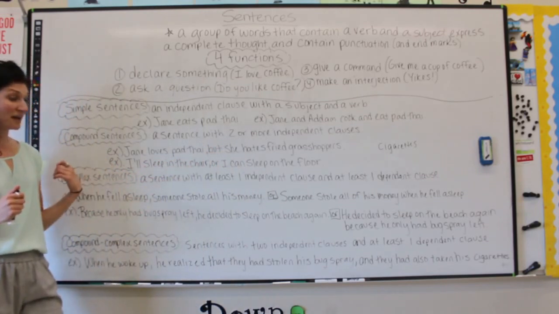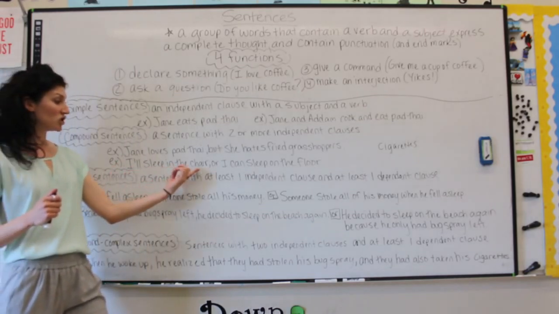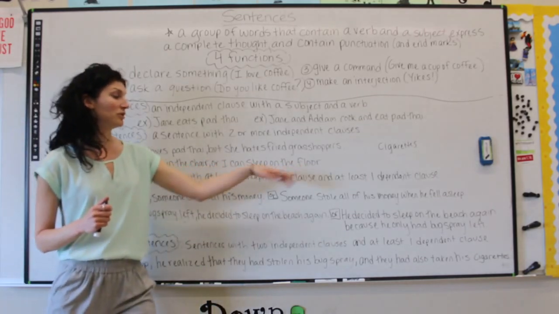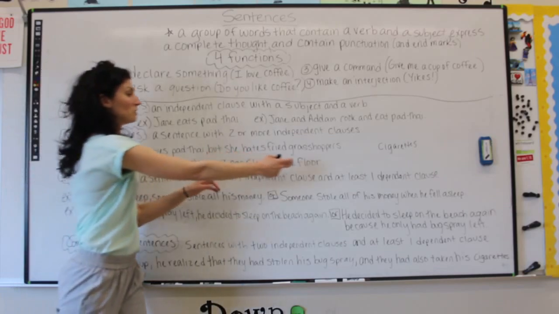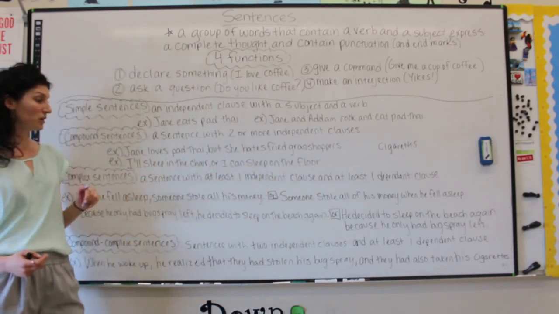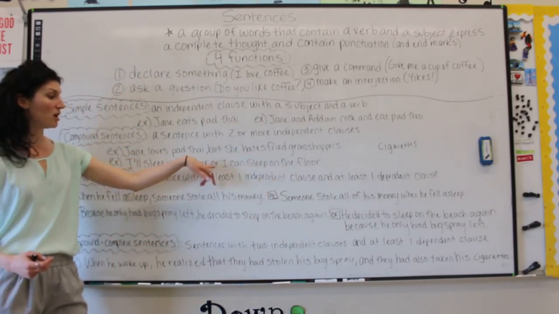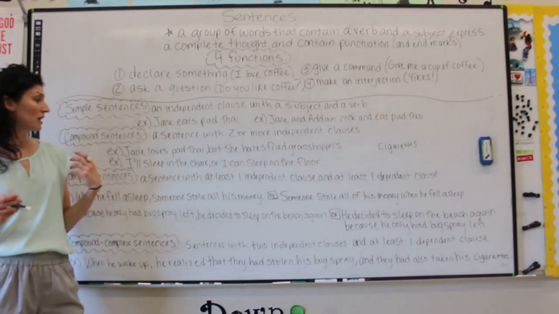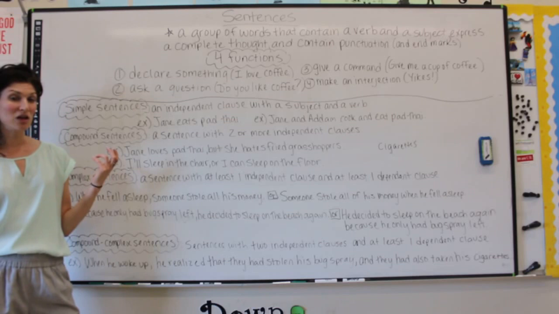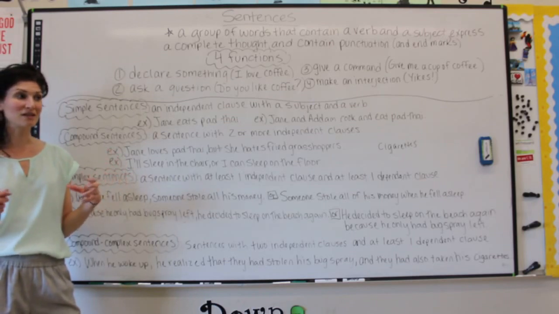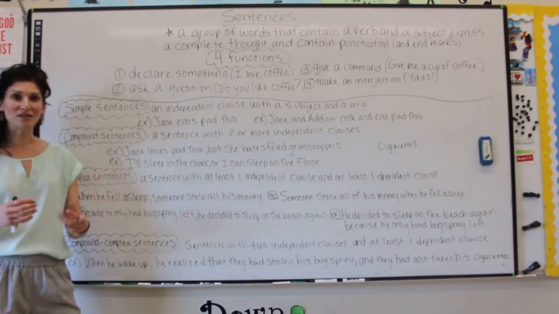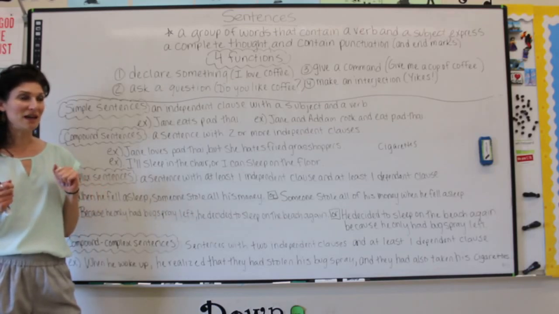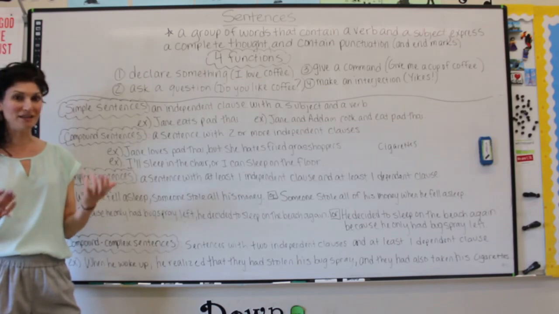If you take a look at the next example, I'll sleep in the chair, or I can sleep on the floor. Again, we have two independent thoughts that can stand alone, separated by a comma and the word or. So oftentimes when we're separating compound sentences, we will use a comma unless one of the independent clauses is really small. For example, if I said, that joke wasn't very funny, but he laughed.